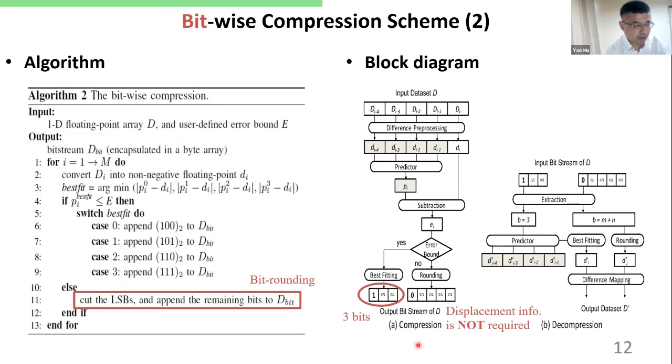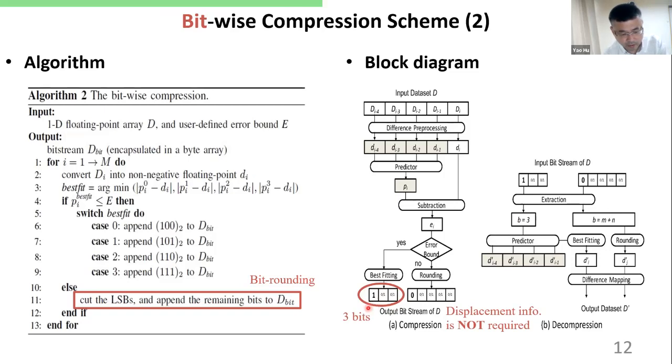And this is the algorithm of the bitwise compression scheme. The difference from the bitwise compression is we use the bit routing if the data cannot be predicted. And here we use 3 bits to express the linear prediction.